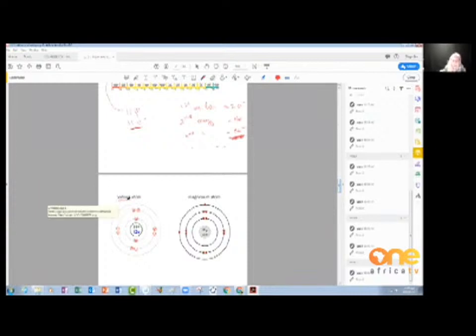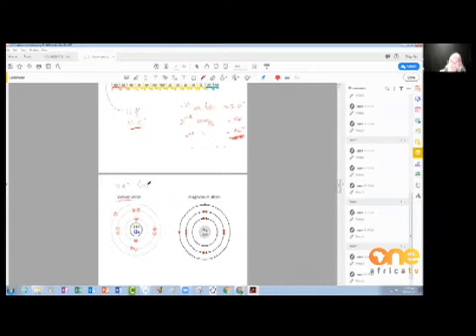So here we have sodium. Remember, sodium has 11 electrons, and of course 11 protons in its nucleus. The first 2 electrons go to the first energy level, which can take only 2 electrons, 1, 2. Then the next electrons we place in the second energy level, which can take up to 8 electrons. We have 2 already, another 2, 3, 4, 5, 6, 7, 8, 9, 10.